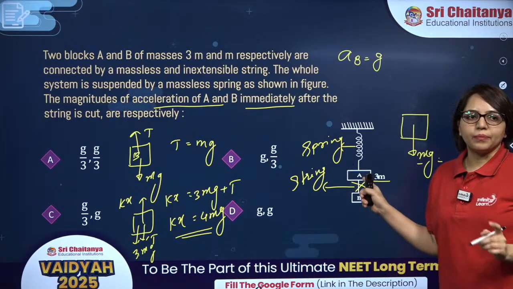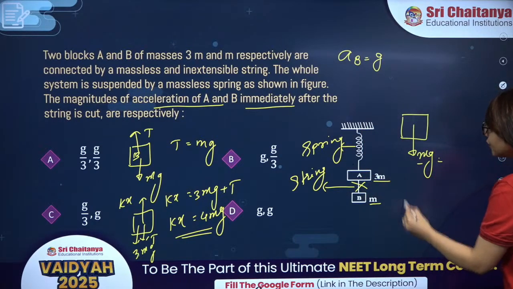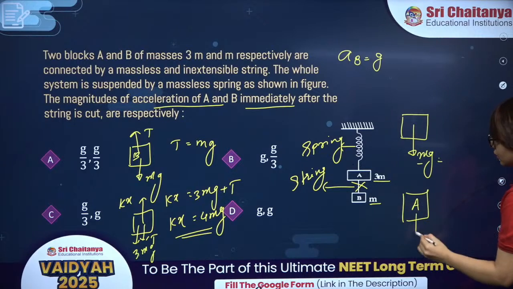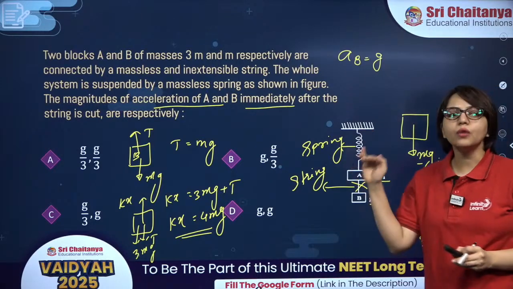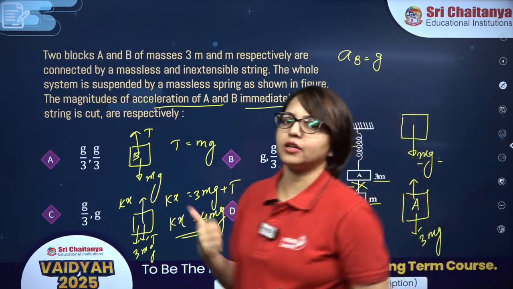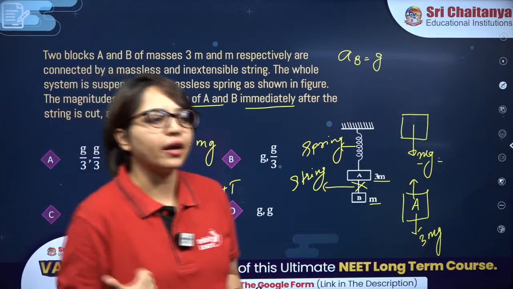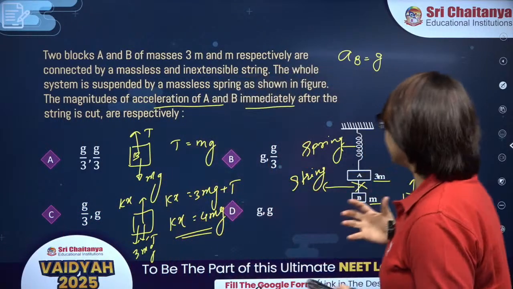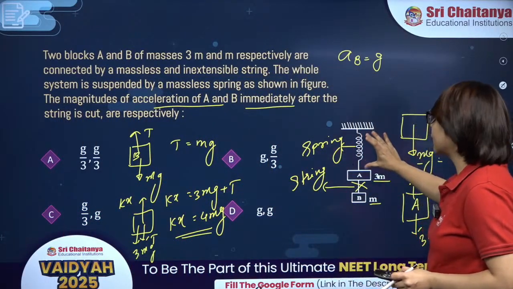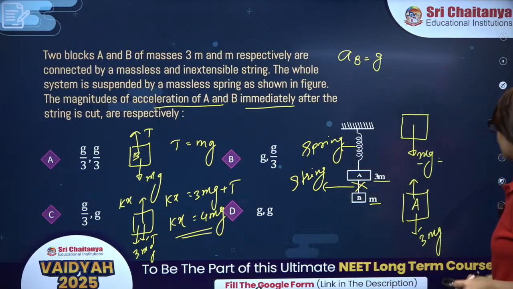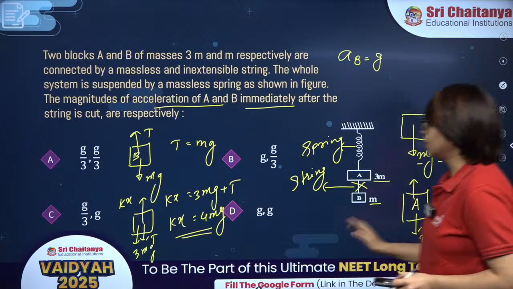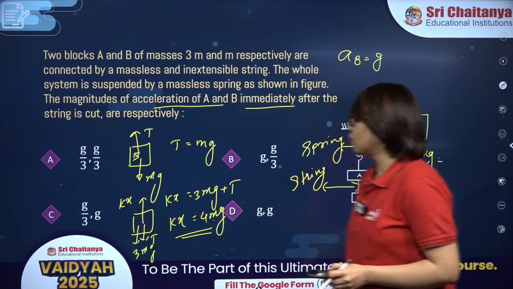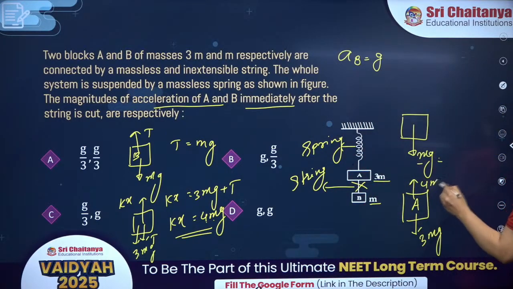But when you look at A, it has 3mg downward, and when you cut the string, the spring will not immediately regain its natural length. It takes some time to regain the natural length, unlike a string. So just after cutting the string, the spring will still exert force 4mg in the upward direction.